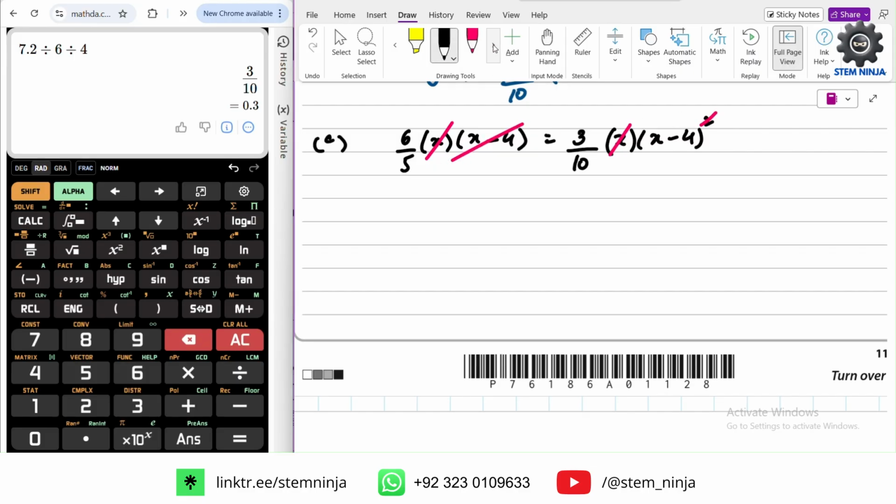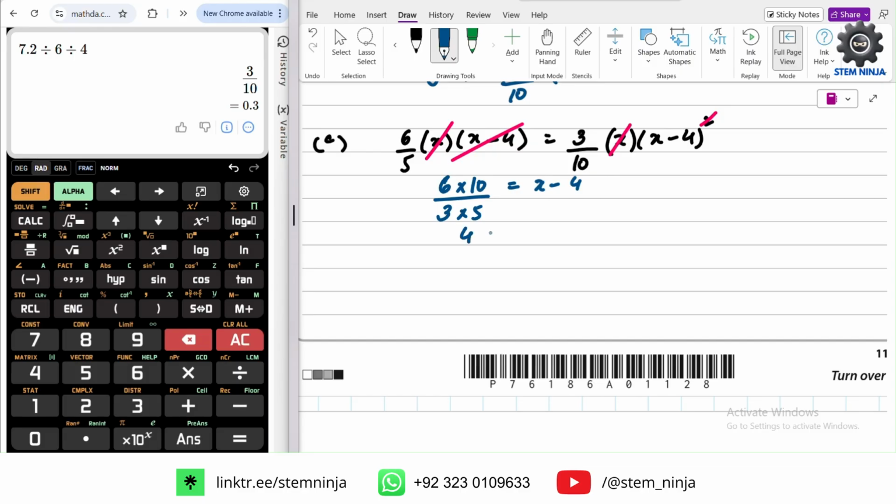We just need the third one. So for the third one, we just need 6 times by 10, 3 minus 3 times by 5, that is x minus 4. 60 divided by 15 is 4, equals x minus 4. So x would be equal to 8.